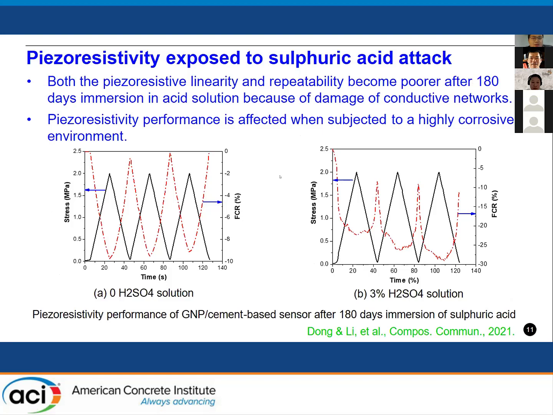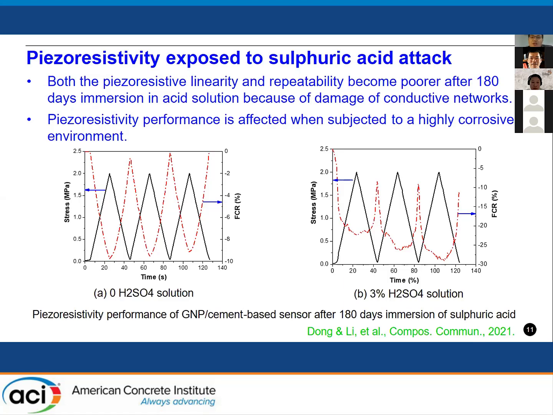So now let's look at the fractional change of resistivity after exposure to sulfuric acid attacks. After 180 days of immersion, firstly, we can see the piezoresistive linearity and repeatability become poor.